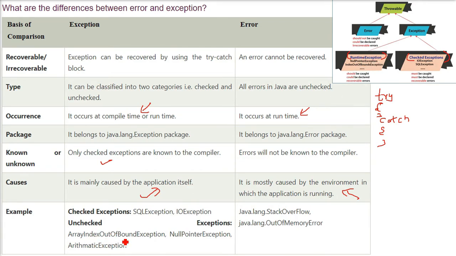We have other exceptions like ArrayIndexOutOfBoundsException. For example, if your array size is 100, you can access 0 to 99. If you start accessing 100, that will be an array index out of bounds. In errors, we have java.lang.StackOverflowError and java.lang.OutOfMemoryError. That is, a stack and memory problem.